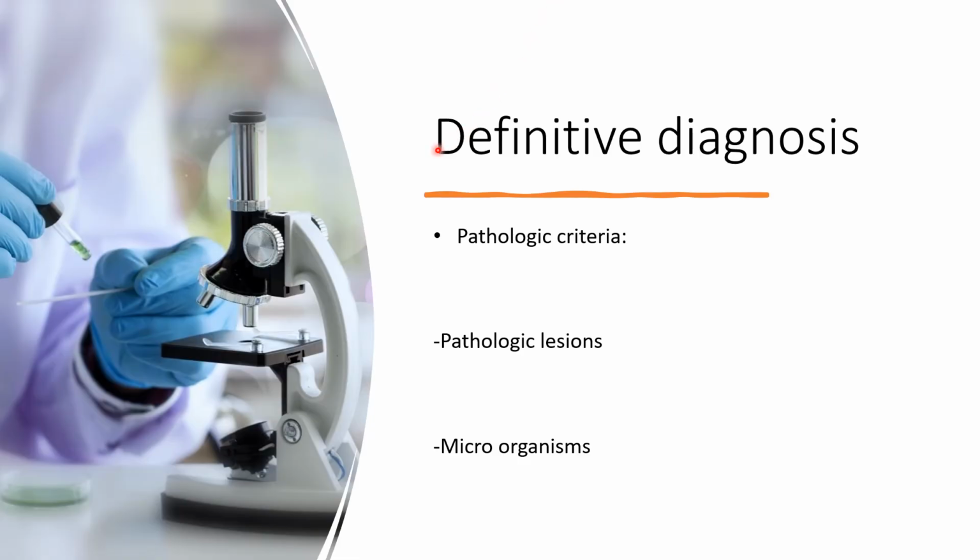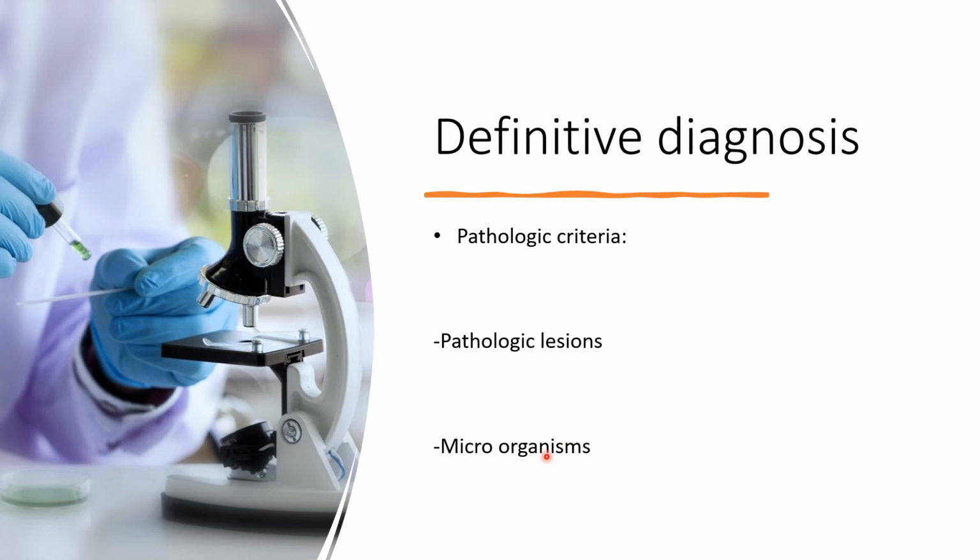How can this help us to make definitive diagnosis? Definitive diagnosis could be made if you are going through the pathological criteria as vegetation or intracardiac abscess that is demonstrating active endocarditis on histology. If you go through that, you are making a definitive diagnosis.